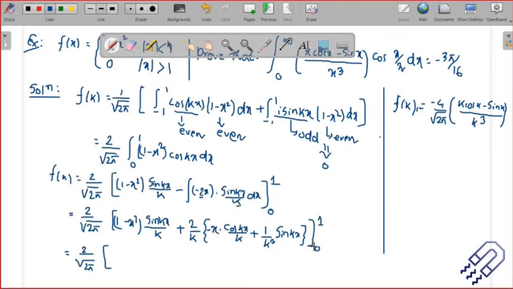So we just put the upper limit, it will become 0. Limit 1 is here, 1 minus 1 square is nothing but 0. So for the lower limit, plus 2 divided by k. I'm just putting 1. So, minus of x is 1.